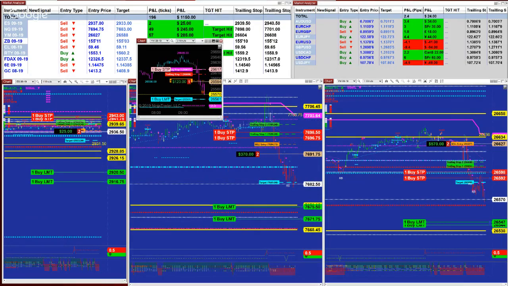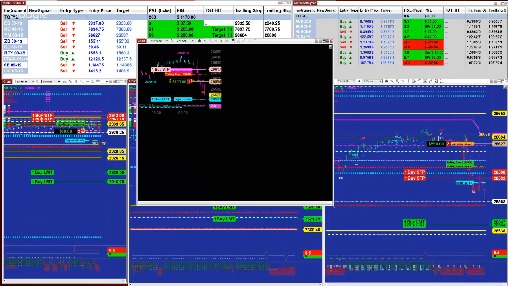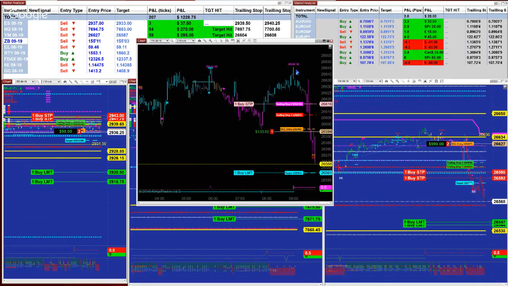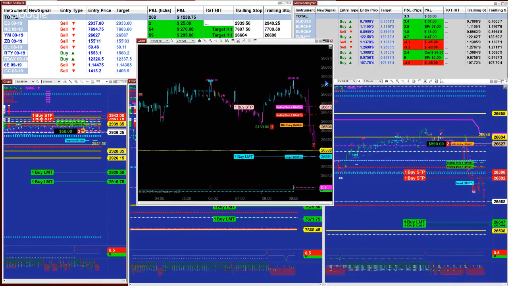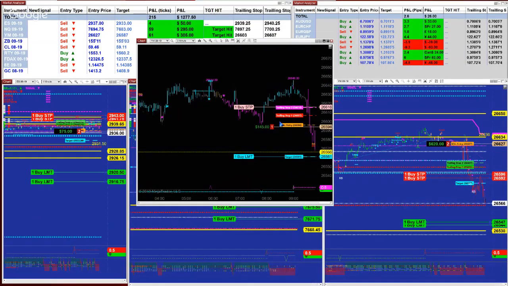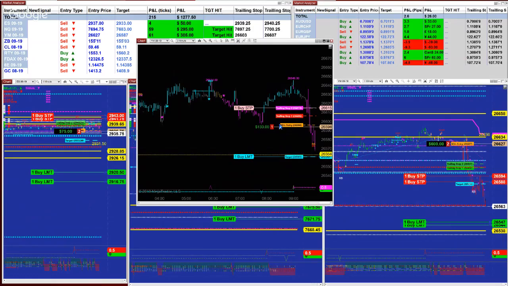I prefer to use an ATM because I like to control my stop. But this is fully automated, and here you cannot increase the profit or decrease the profit. You will be hitting the target on a fully automated, and it is done.